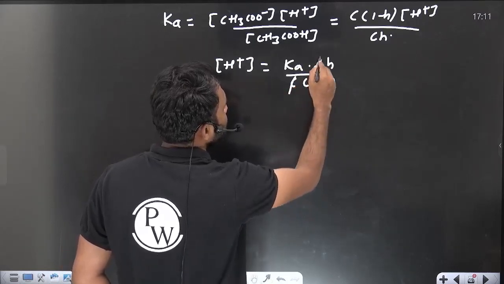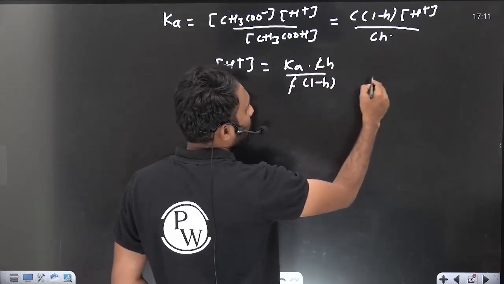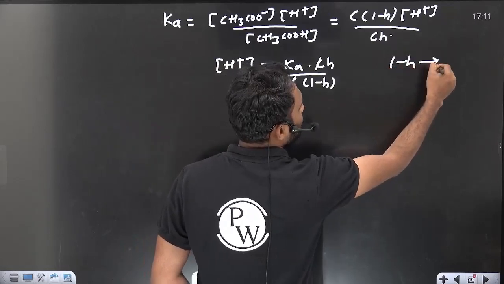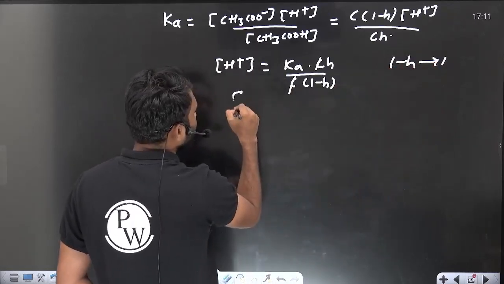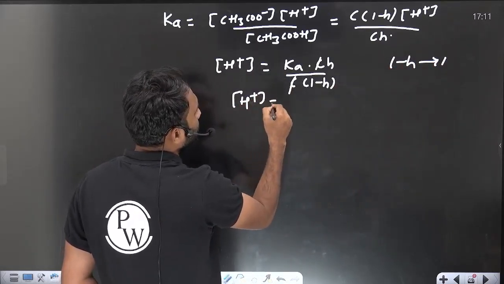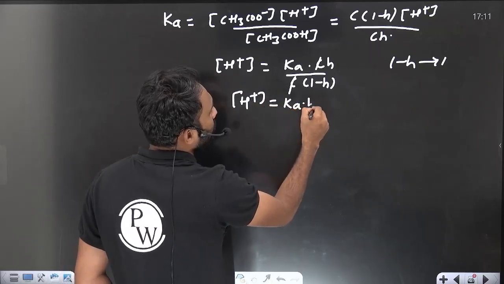Now C gets cancelled. For a weak electrolyte 1 minus h tends to 1. Then the H plus ion concentration will be equal to Ka into h.